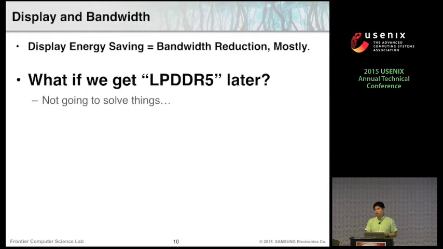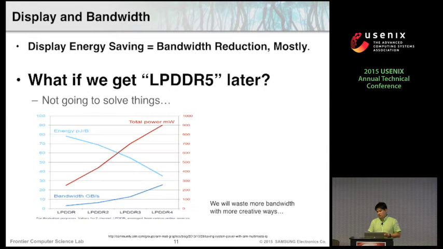But it is not going to solve things, because a newer generation of memory interface will give you lower energy per byte, but with better memory you will have more bandwidth, and applications will use that additional bandwidth because it is available. So overall, the power consumption of the memory will increase with newer memory architectures. We cannot just rely on newer memory architectures.